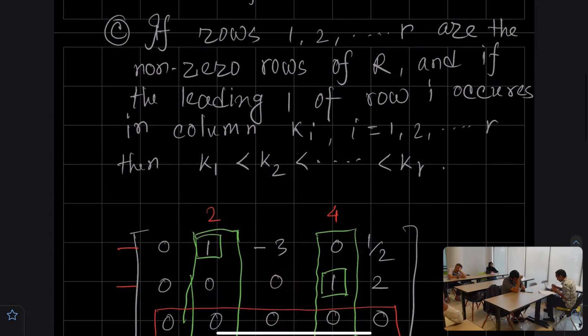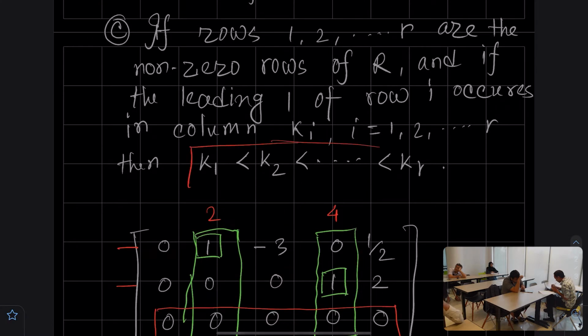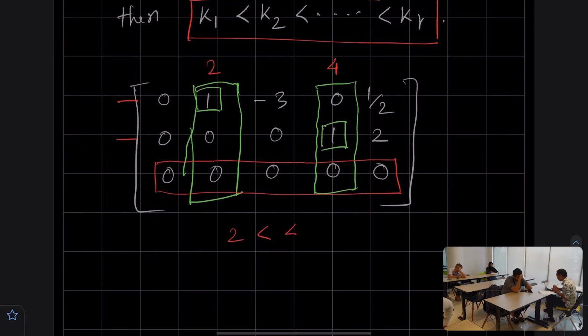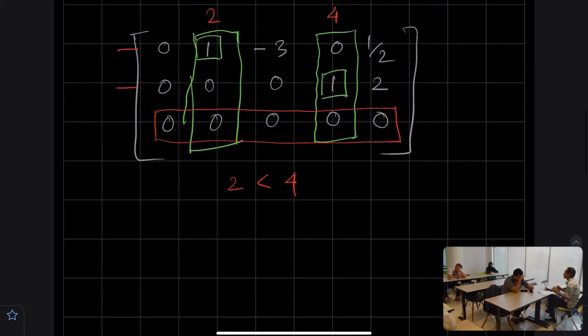So the condition given here follows because 2 is less than 4, right? So this matrix is a row reduced echelon matrix. Okay. So what are the other examples? Can you give a simple example of a row reduced echelon matrix?